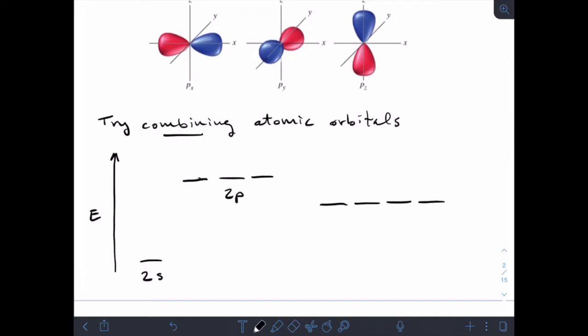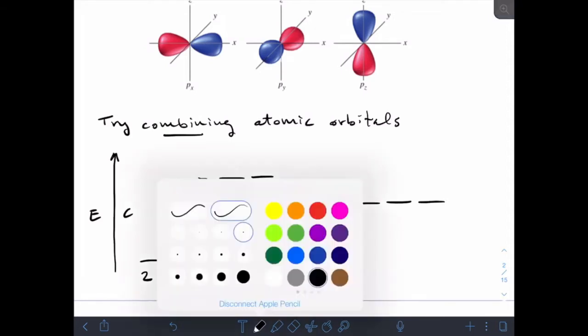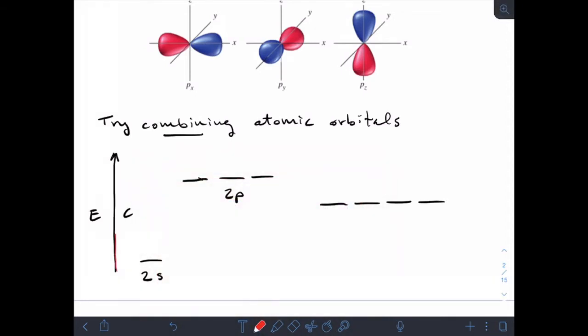So if I have a 2s orbital from my carbon, so these are my orbitals from carbon, and if I arrange them in order of energy, so looking at the energy arrow on the left going up, higher up is higher energy. My 2s is lower in energy, and my 2p is higher in energy. And my carbon has 4 valence electrons, so 1, 2, 3, and 4.